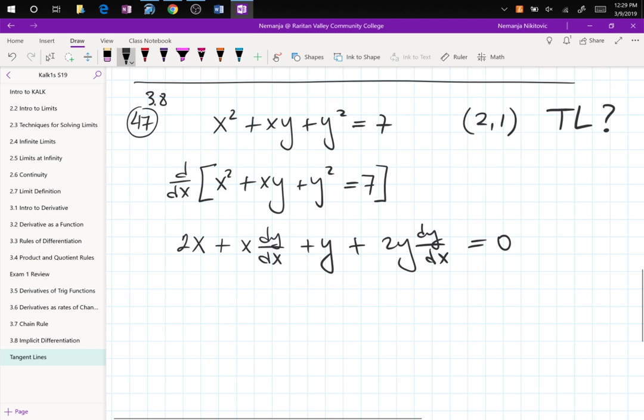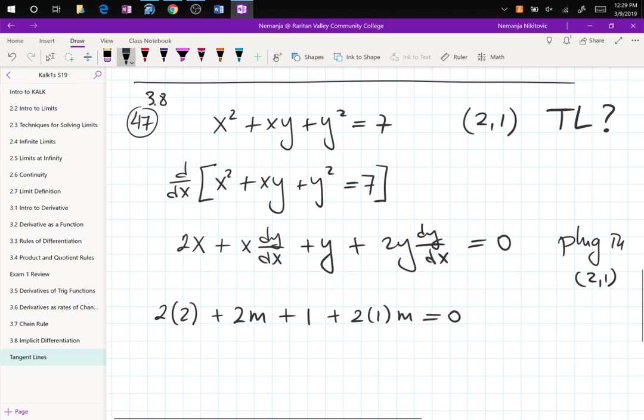So rather than solving dy dx equals everything else, plug in now 2, 1 to get 2 times 2 plus 2 times m plus 1 plus 2 times 1 times m equals 0.